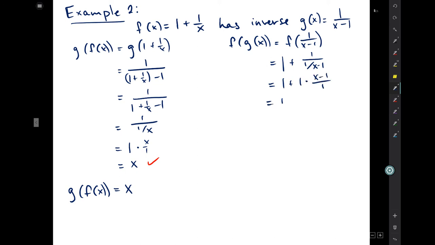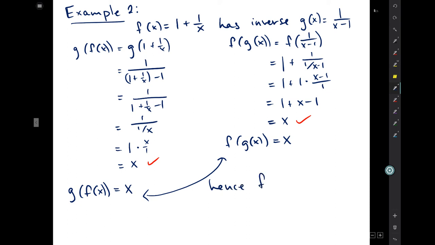And so this simplifies to 1 plus x minus 1, and those 1's cancel, and I just get x. So again, what I showed is that f of g of x is equal to x. Because both of these things are true, the inverse of f of x is g of x, which is 1 over x minus 1.